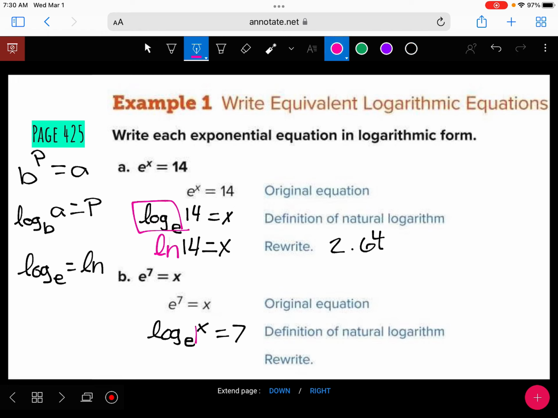Again, we found that log base e, so we have the ln of x equals 7. This one we can't type in the calculator because we've got a variable in our log. But it's good practice to switch them around.